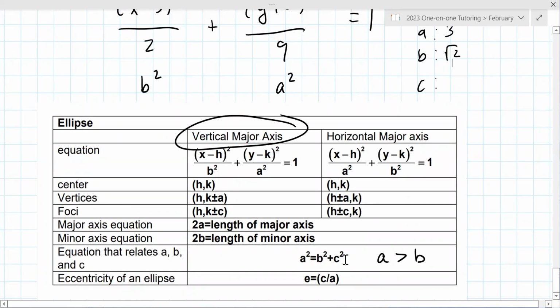It's not the same for an ellipse as it is for a hyperbola. So you have to say A squared equals B squared plus C squared. Not A is 3, B is the square root of 2 squared plus C squared. So 9 equals 2 plus C squared. 7 equals C squared. So C is the square root of 7.